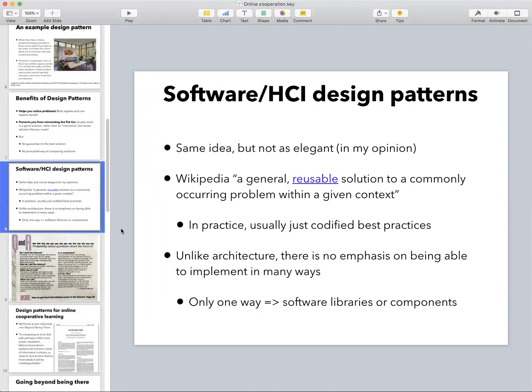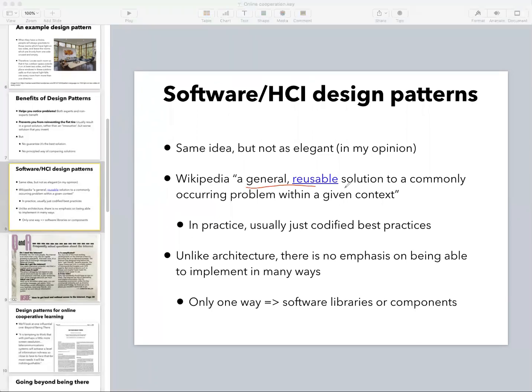So in a colloquial fashion, when you're talking about design patterns in software, it usually is this general reusable solution to a common problem. What this leaves out is this emphasis on being able to implement it in different ways, right? So remember, Alexander talks about you can implement the same design pattern 1,000,000 times over and never do the same thing twice.